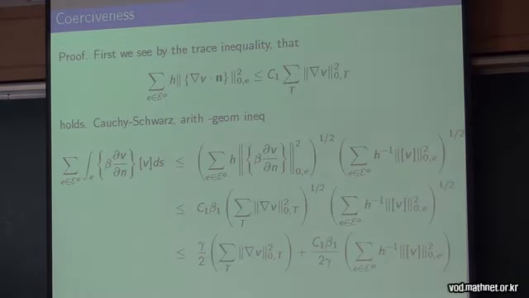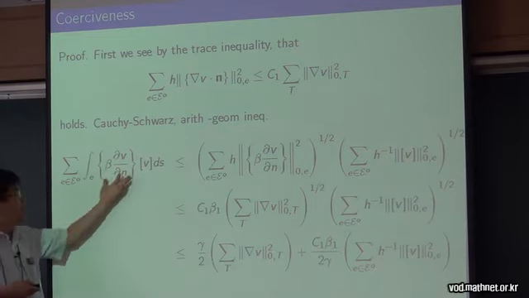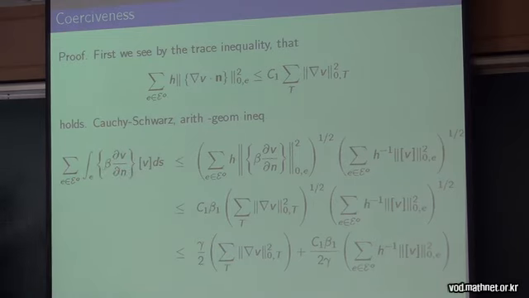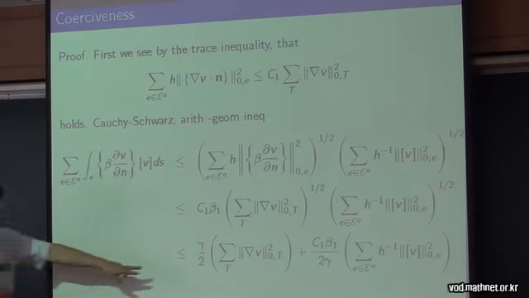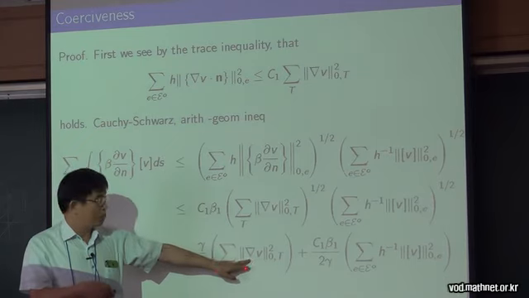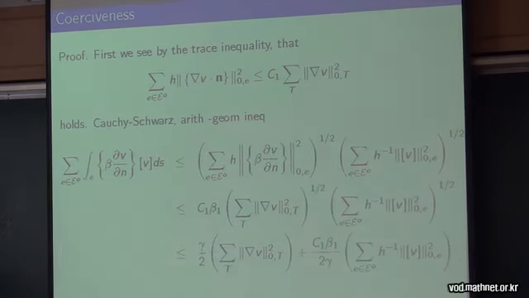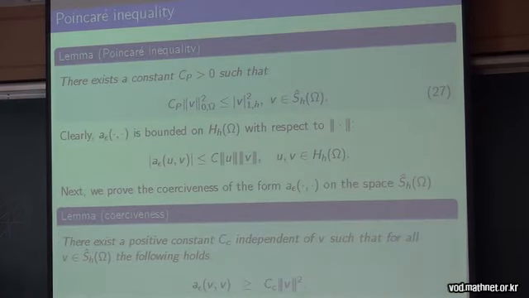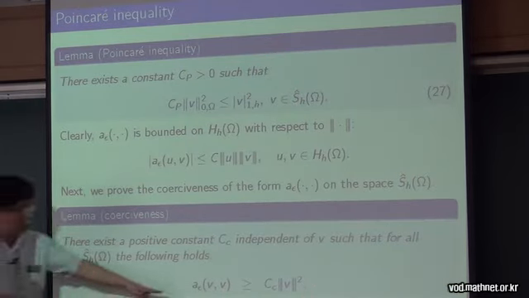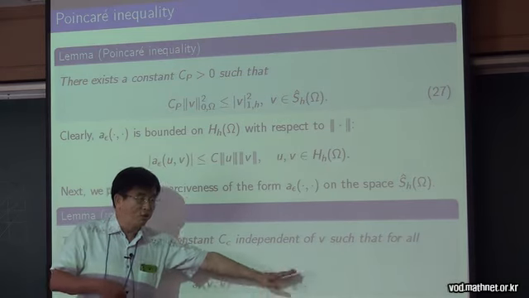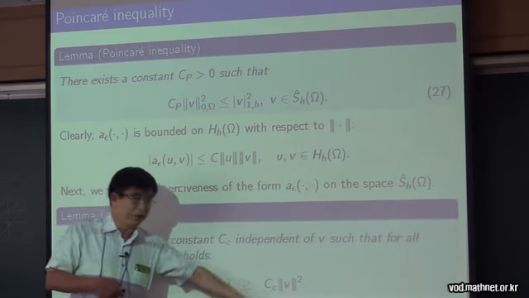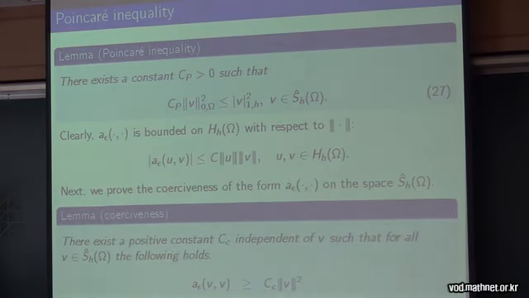So the difficulty is technical, not conceptually difficult. We have to bound all these line integrals by the standard H1 norm and the jump condition. Using that, we have to show this A form is coercive, greater than this triple norm, which is almost like the H1 norm but bigger.